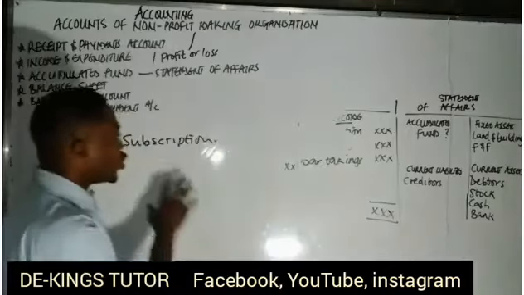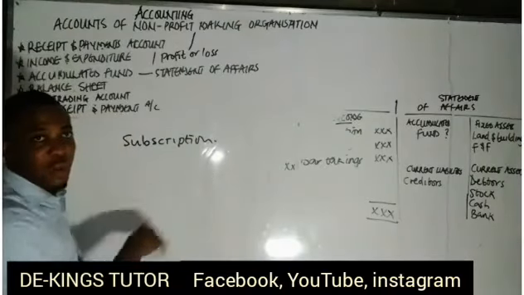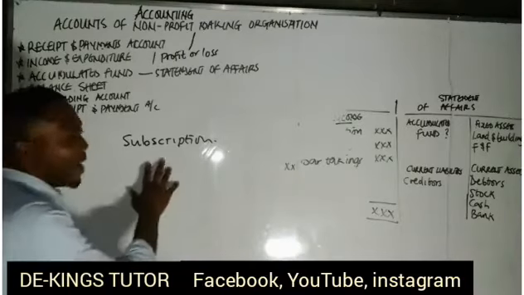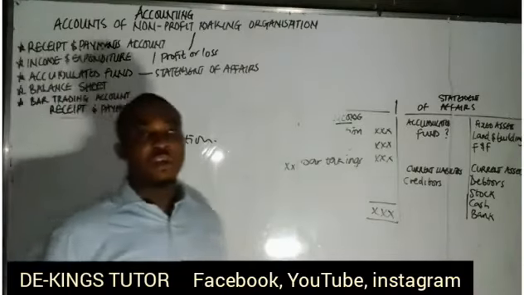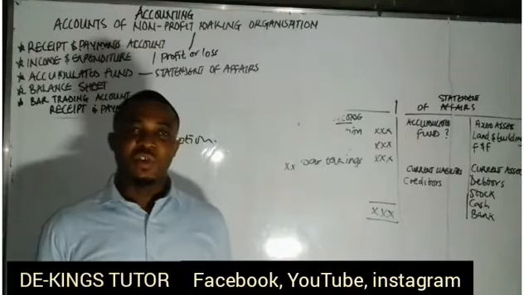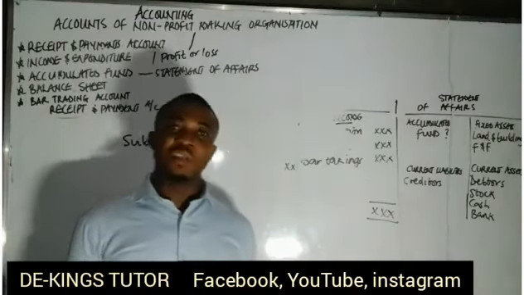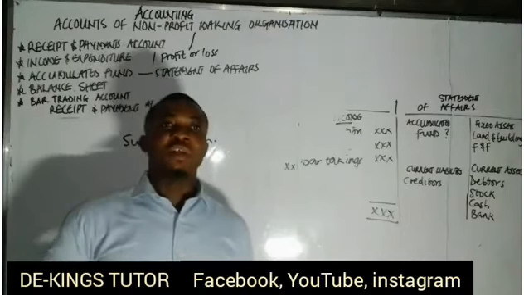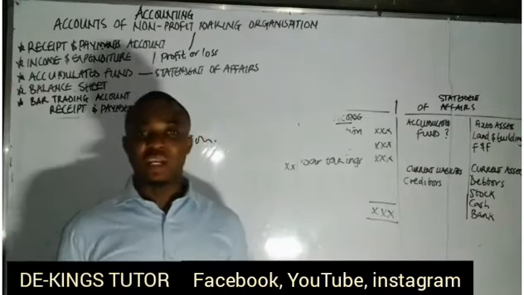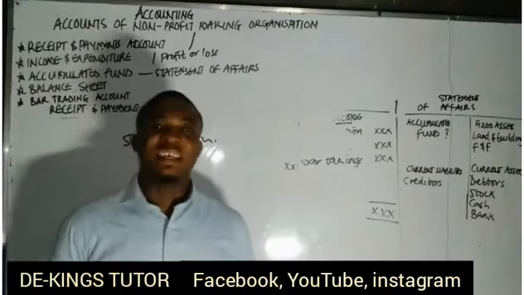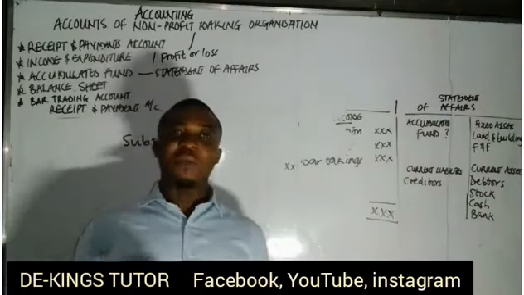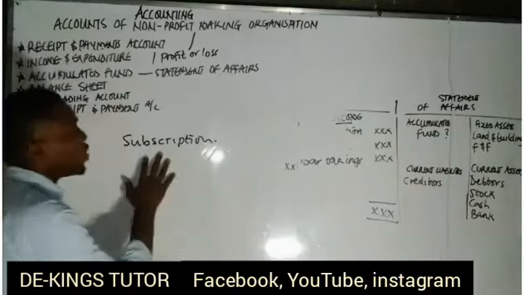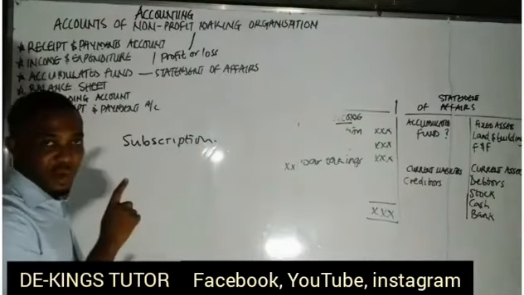That is what we call subscription, to ensure that your membership is still valid. Most of the time, members owe. They don't pay as and when due. Once they don't pay when due, it becomes owing to the club. And sometimes, some members that have more than enough pay in advance. Remember, this subscription is an income to the club.